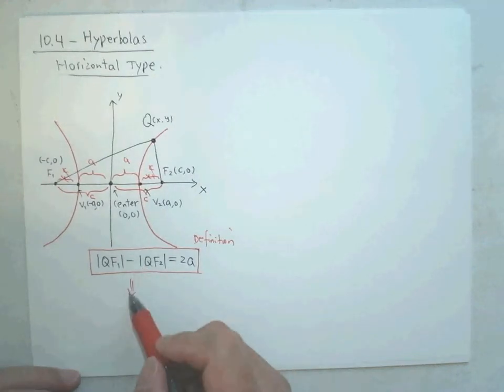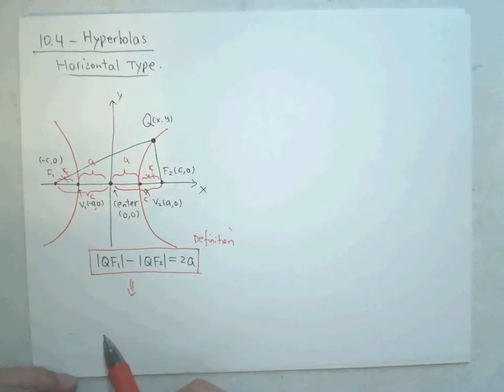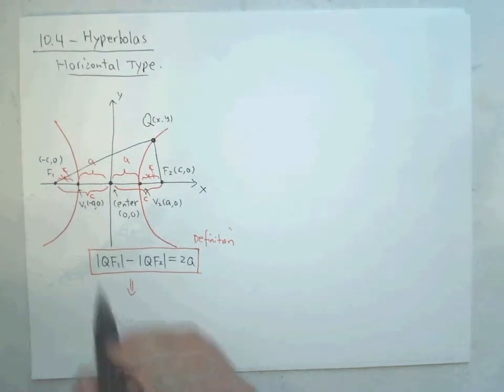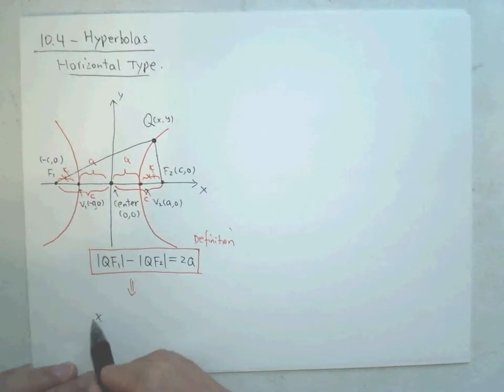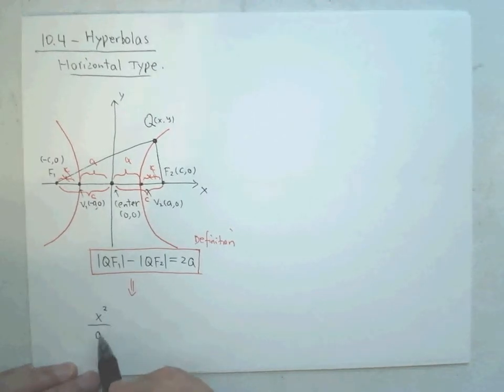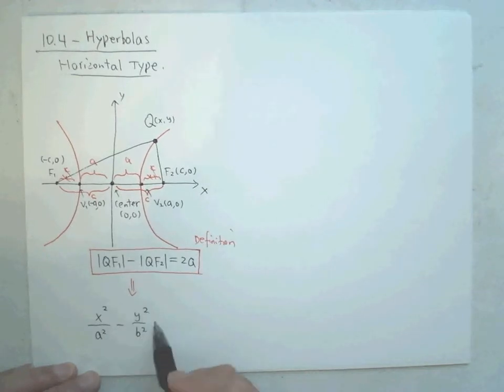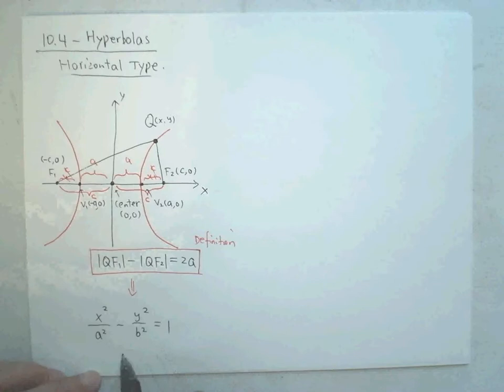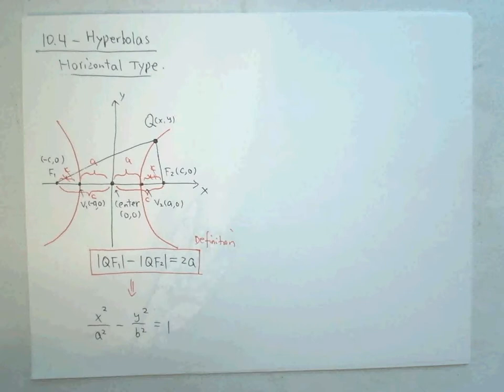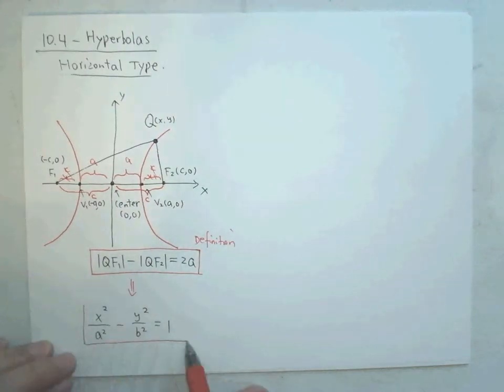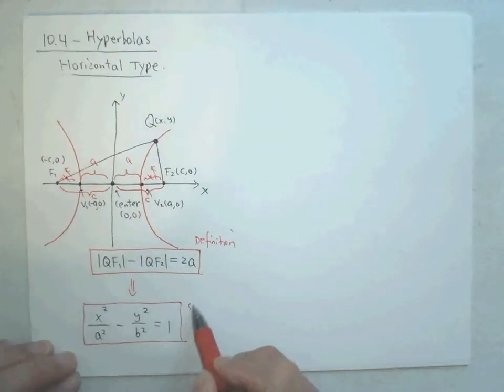Along the calculation we find the standard equation for this hyperbola: x squared over a squared minus y squared over b squared equals 1. If I change it to plus, it's an ellipse, right? But it is a minus. This we call the standard equation.